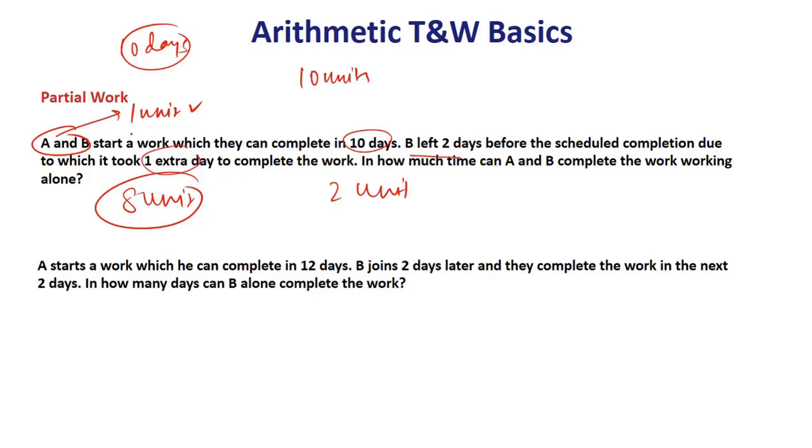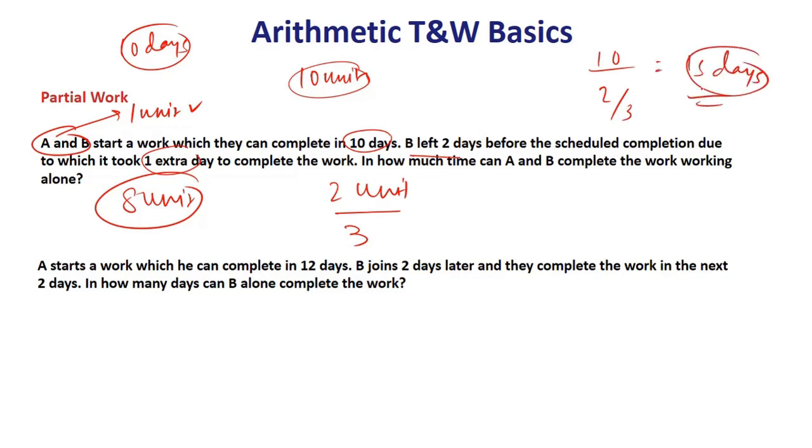So now if A was doing it, it took 1 day extra means that it took 3 days to do it. So therefore 1 day work for A will be 2 by 3 units. If 1 day work for A is 2 by 3 units and the work is 10 units, so the time taken should be 10 upon 2 upon 3, so this becomes 15 days. So the time taken for A to complete the work is 15 days. How much time will B take?